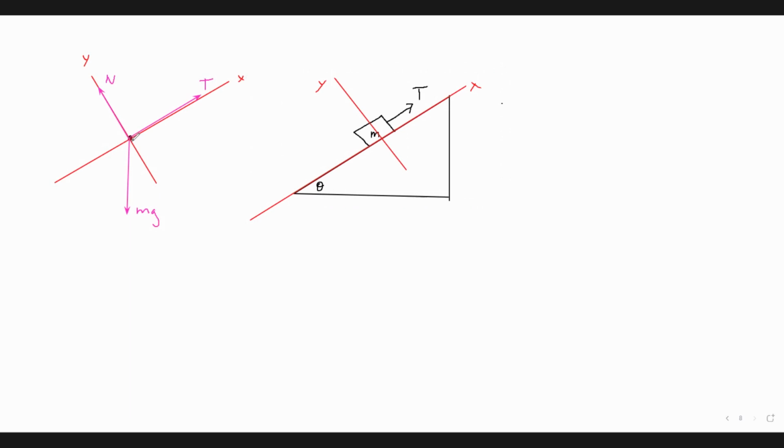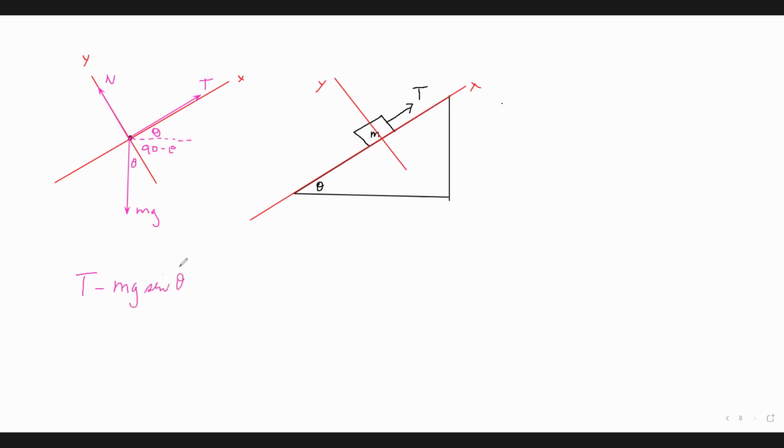This angle right here is the angle theta. So you see from the description that this must be 90 minus theta, and this must be theta. So my equation in the x direction is T minus mg sine theta.